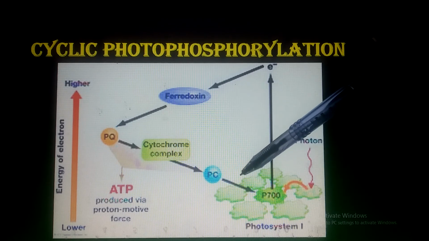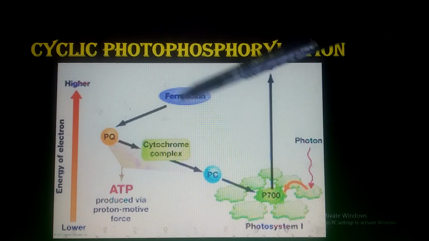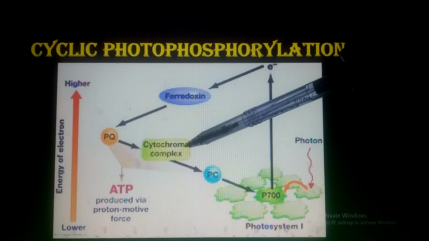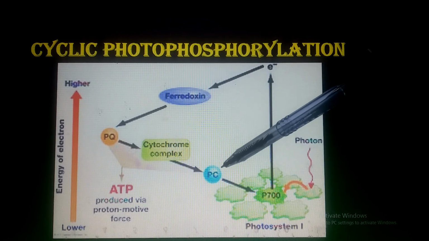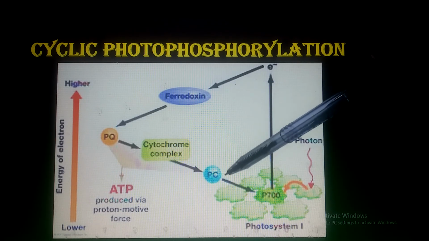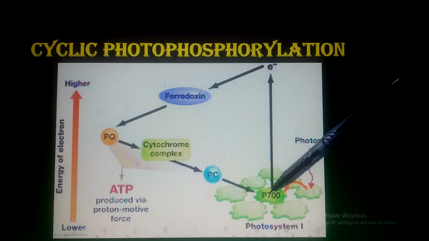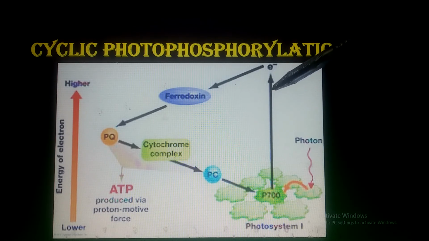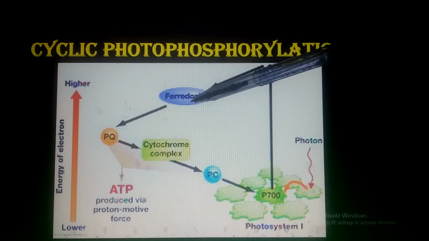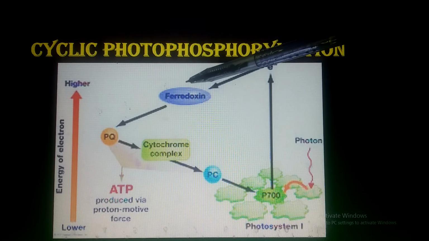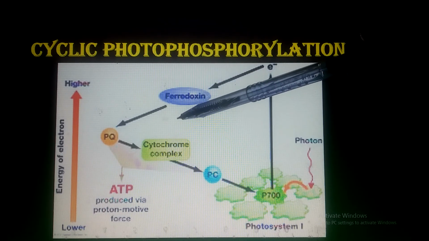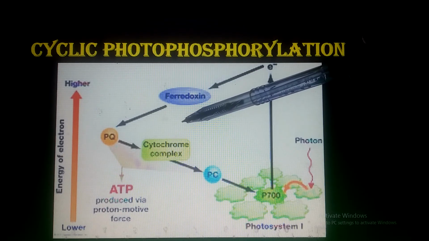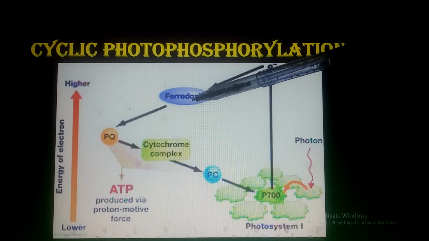Now when the electron moves from the plastoquinone to the cytochromes, and then from the cytochromes to plastocyanin, and from the plastocyanin moves towards PS1. Now from PS1 these electrons move towards the ferredoxin, accepted by the ferredoxin. Now what will happen? When these electrons are accepted by the ferredoxin, they move again towards the plastoquinone.